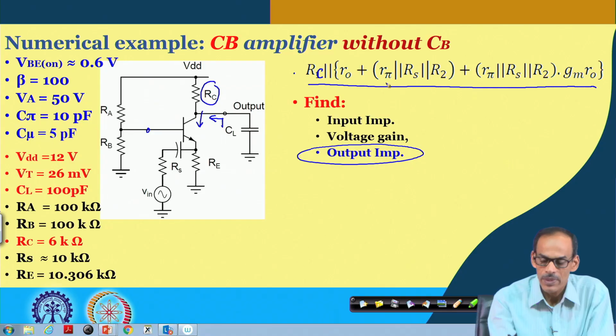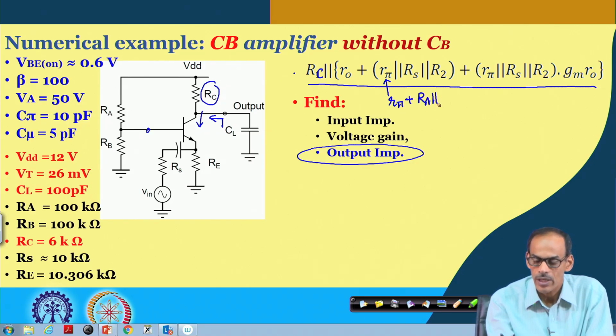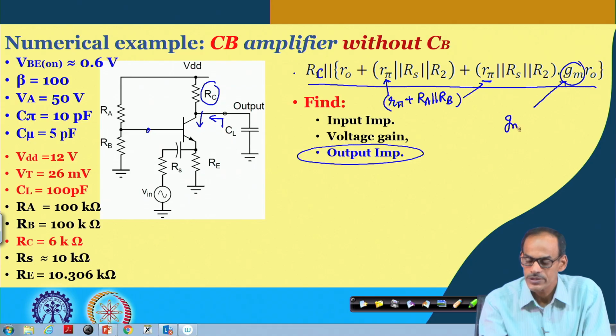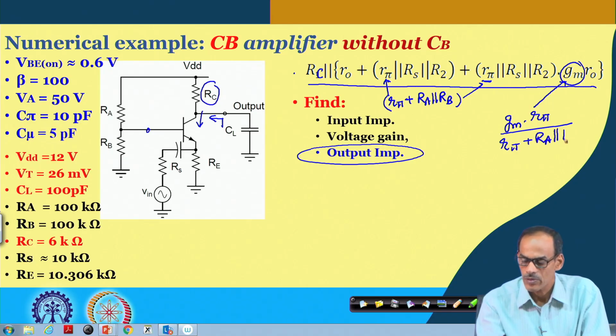The only thing is that this R pi we have to replace by R pi in series with Ra and Rb, and also this Gm part we have to replace by Gm into R pi divided by R pi plus Ra in parallel with Rb.